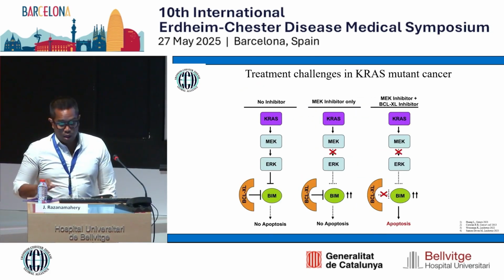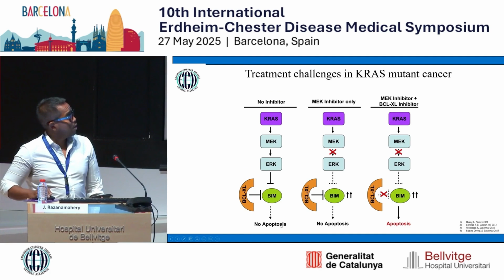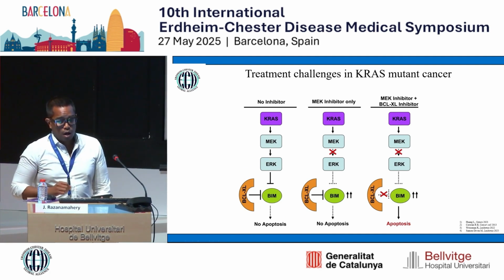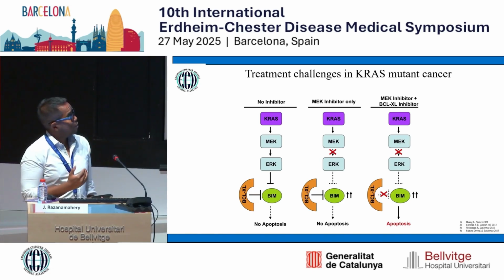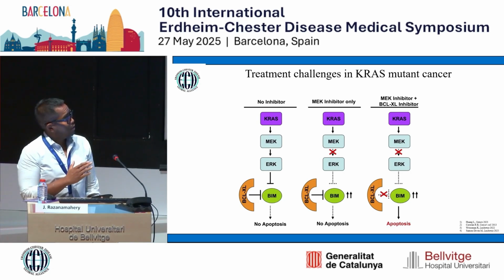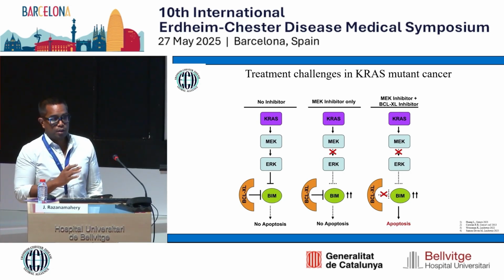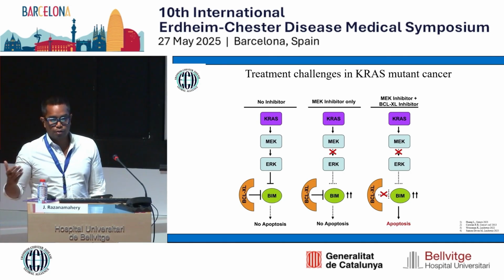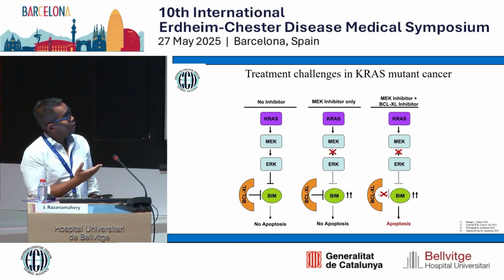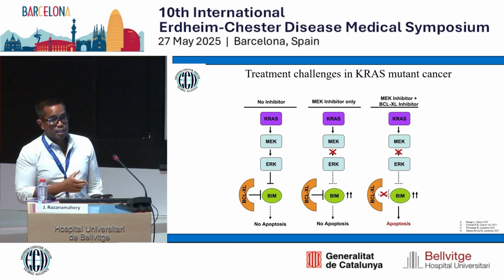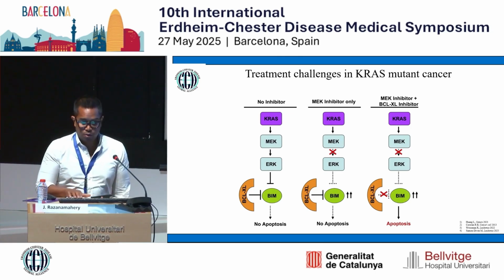But the problem is, this is a paper which was published in patients with colon cancer. If you treat the patients here just with the MEK inhibitor, there is no effect on apoptosis, and the effect on the disease is not really good. And on that model, they propose to combine a BCL-XL inhibitor with a MEK inhibitor.